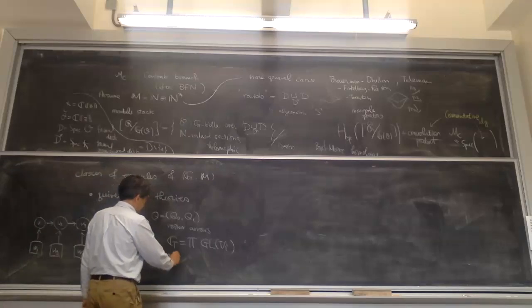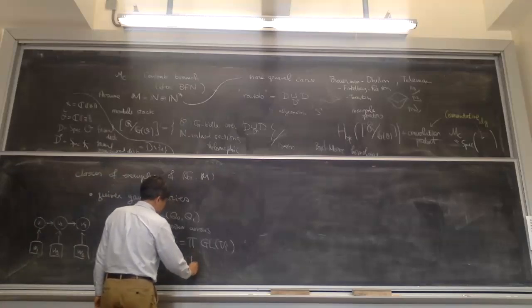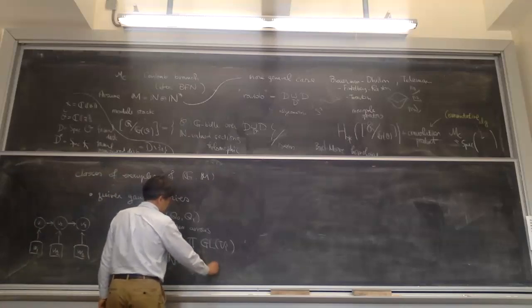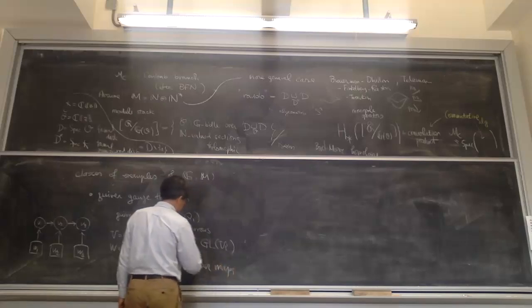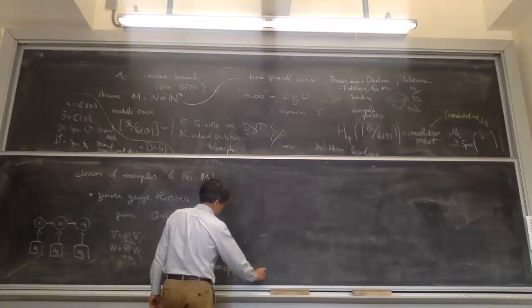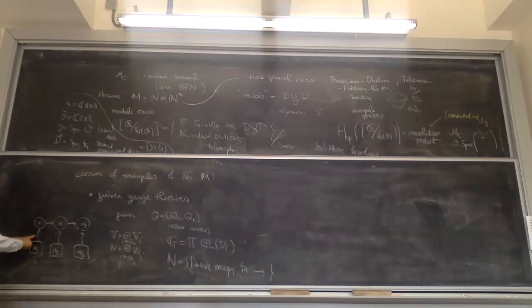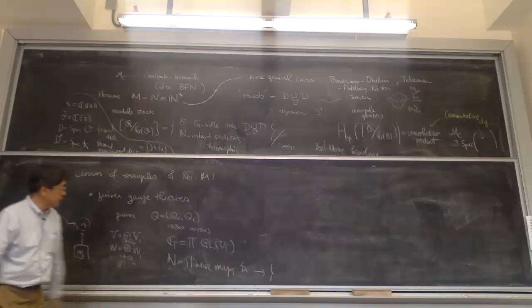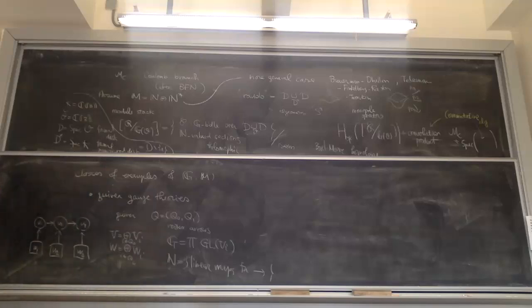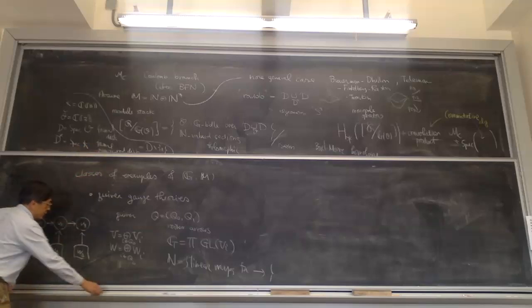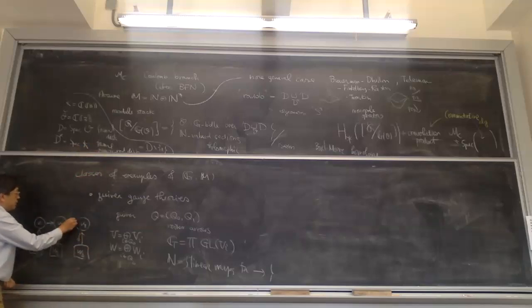And N is the space of linear maps for each arrow. So in this case, we have 5 arrows and 5 linear maps, and we consider the representation of G given by all such linear maps. And then for M, you just consider its dual space, which means you also add arrows in the opposite direction.